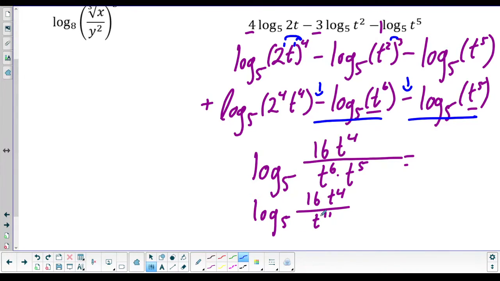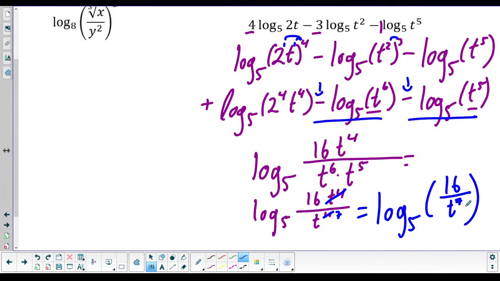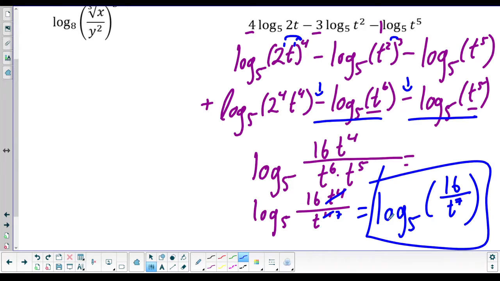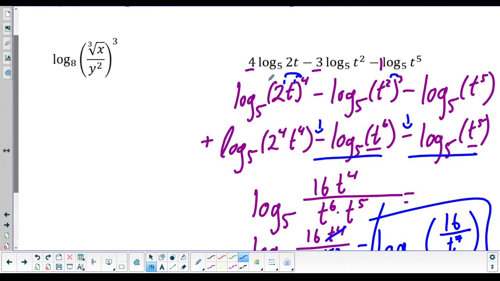And now because we're dividing, 4 of these t's cancel out with 4 of these t's. So all 4 of these go away. And then 11 minus 4 is 7. So this is log base 5 of 16 over t to the 7th power. And this thing looks maybe a little bit more friendly than this mess up here.